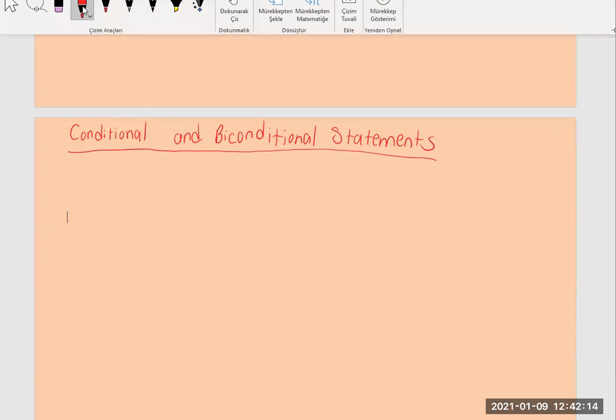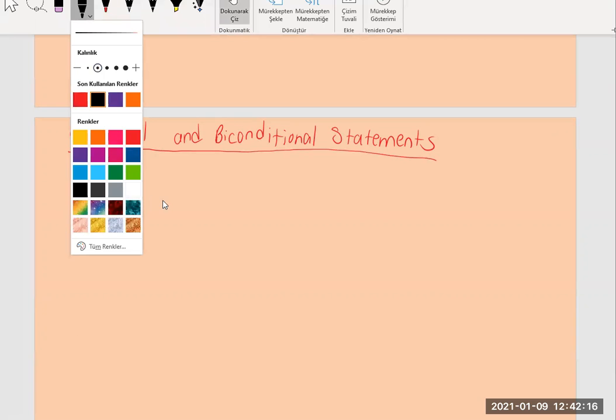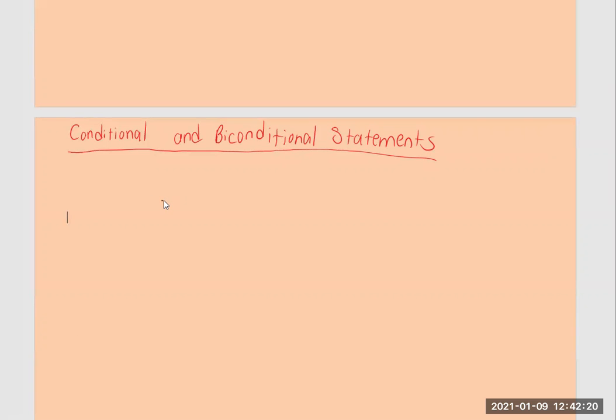What we have for that one. Okay, there is a definition.